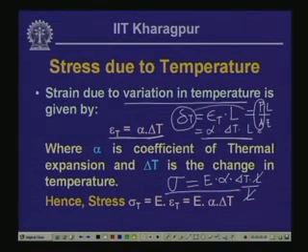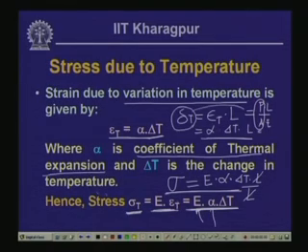So, the stress is equal to E times alpha times delta T. So, the stress sigma T due to the change in the temperature is equal to E times epsilon T or E times alpha times delta T, where E is the modulus of elasticity of the material, alpha is the coefficient of thermal expansion, and delta T is the change in temperature. So, this is the expression for the stress due to the thermal effect or thermal stress.